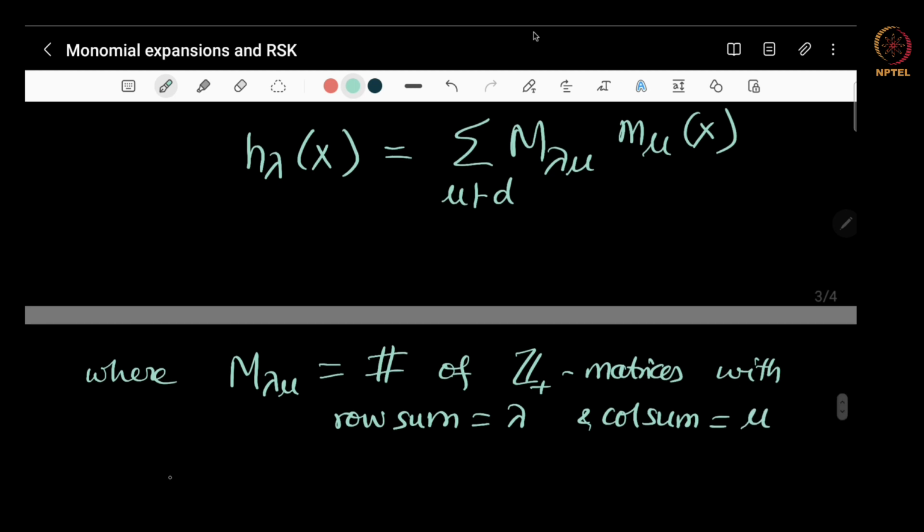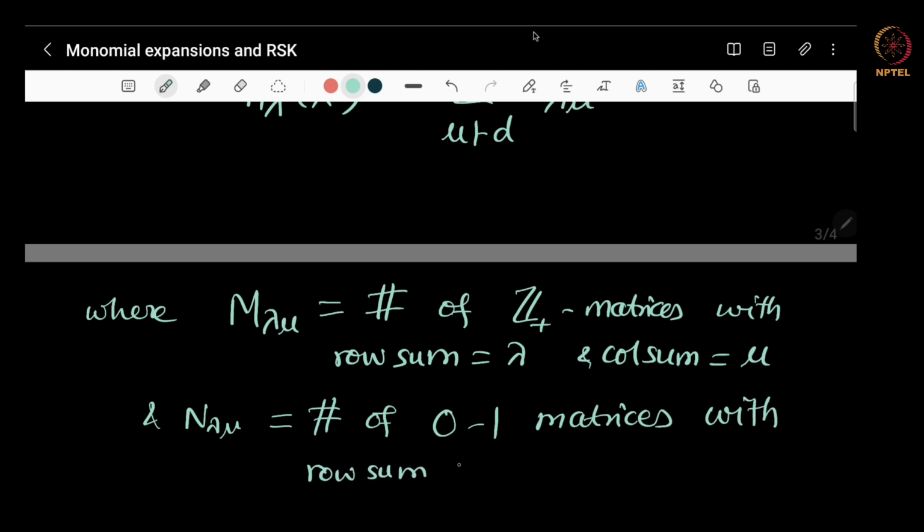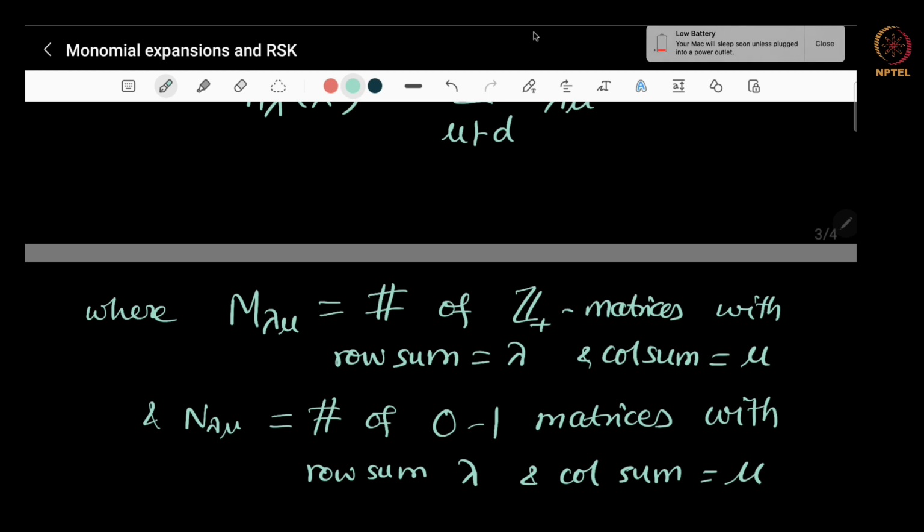And n lambda mu is the same thing with 0, 1 matrices, so this is the number of matrices which only contain zeros and ones, with row sum lambda and column sum mu.